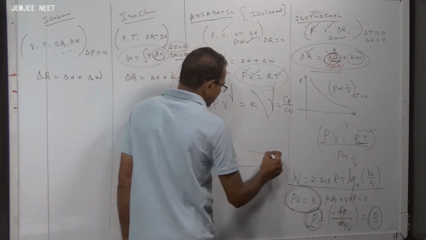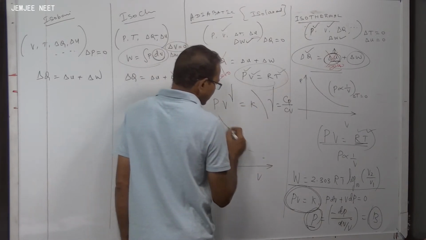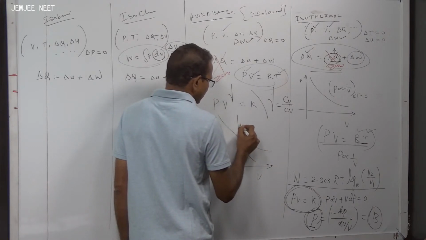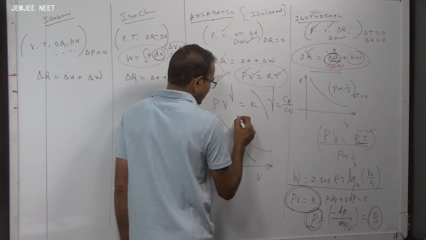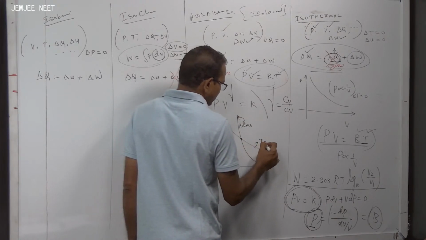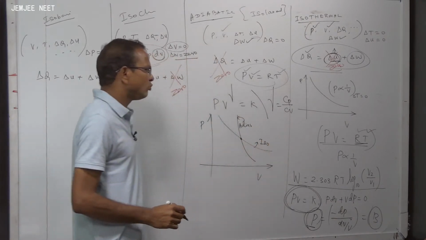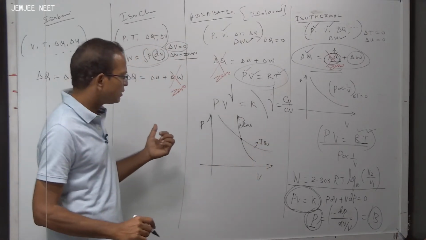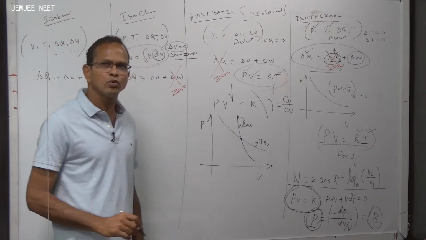Suppose the isothermal goes like this, your adiabatic will go like this. This is adiabatic, this is isothermal. At any given point, adiabatic has more slope.